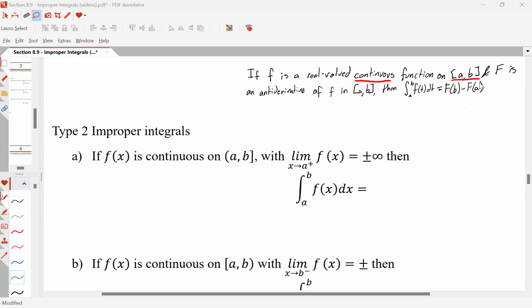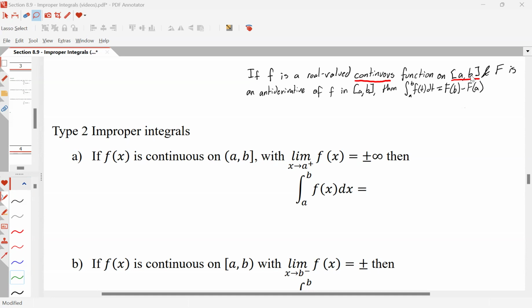And we said that type 1 and type 2 improper integrals address certain pieces. Type 1 looked at the idea of what if I don't have a closed interval? What if my interval is infinite? And we had type 1 improper integrals where we would turn a bound of infinity into a limit.